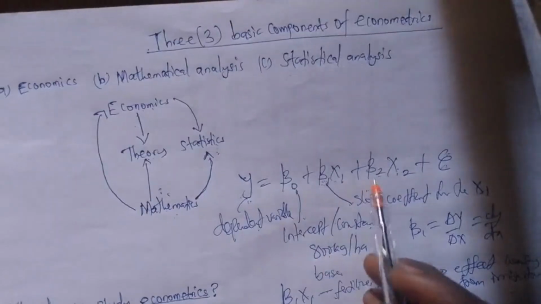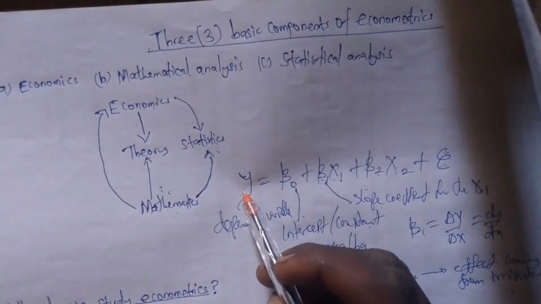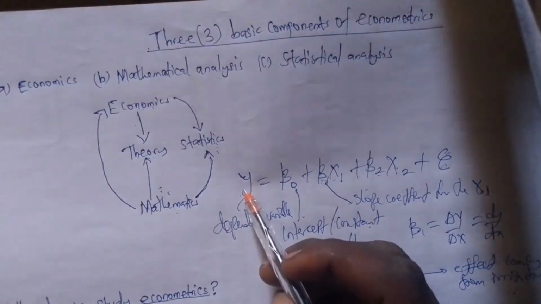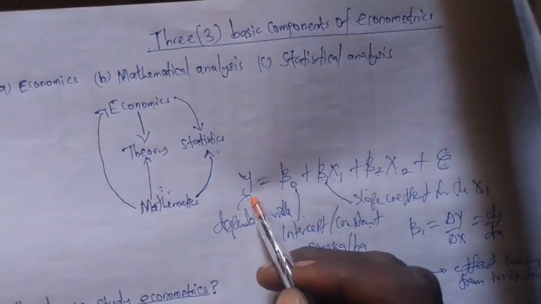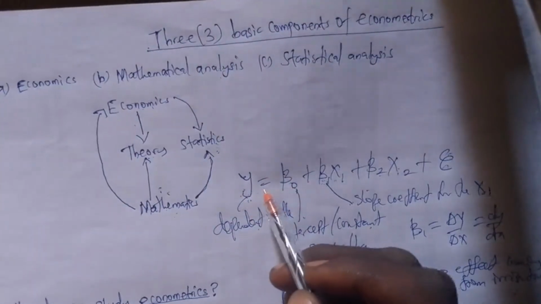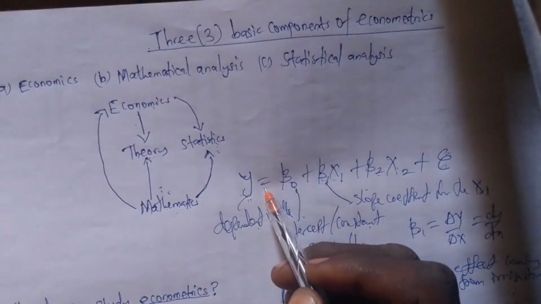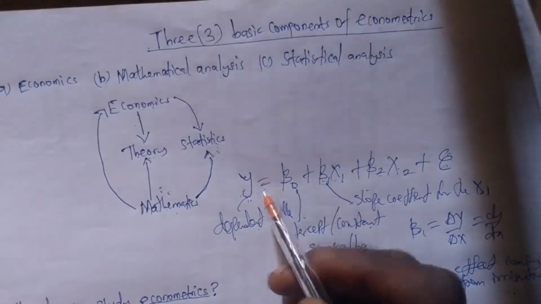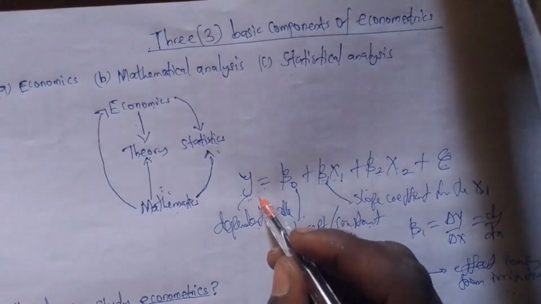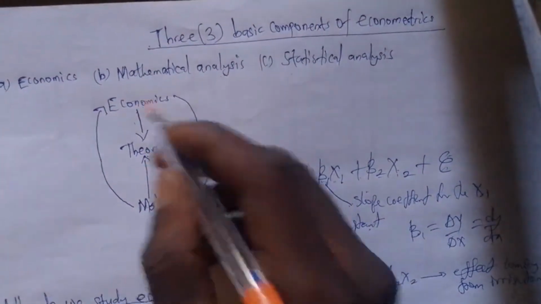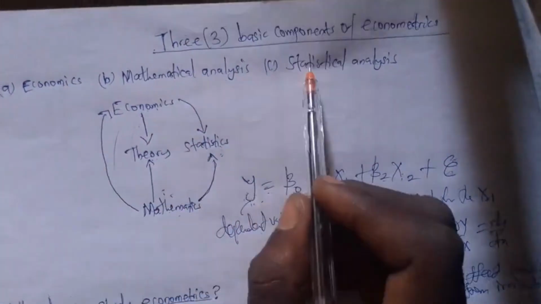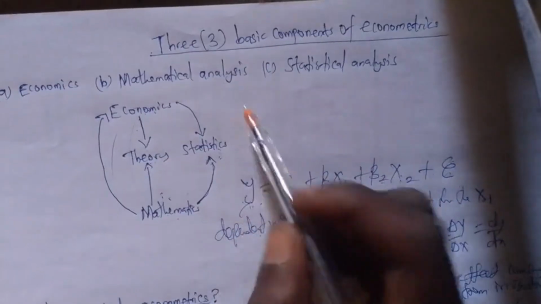When we estimate the beta values, we can test whether the relationship between the dependent variable and the independent variable is real, whether the relationship is significant or insignificant, or highly significant or moderately significant. So everything you learn in this course is just these three working together.